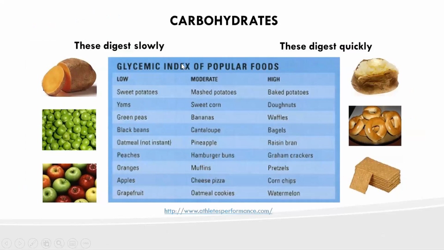Here's another list. You can see it's saying, take the ones on the left, so sweet potatoes and beans and oatmeal, and then avoid the ones on the right if you're a diabetic. Now there are cases where people may wish to eat, and it is actually desired to eat, high glycemic index foods, particularly if you're an athlete and you need to eat something 20 minutes before a game.